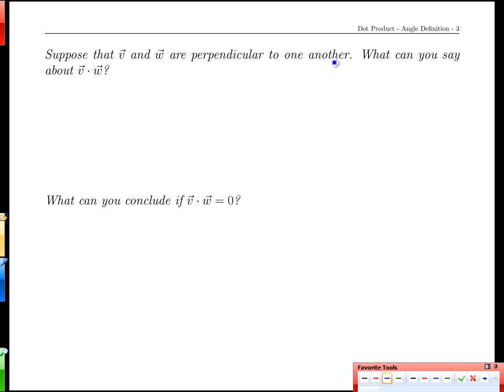There are some important features that we can get out of this idea, though. If v and w are perpendicular, then what can we say about the dot product? Well, if they're perpendicular, then the angle between them is going to be pi over 2, 90 degrees. That's what perpendicular means.